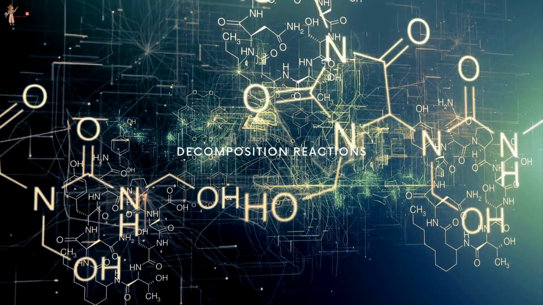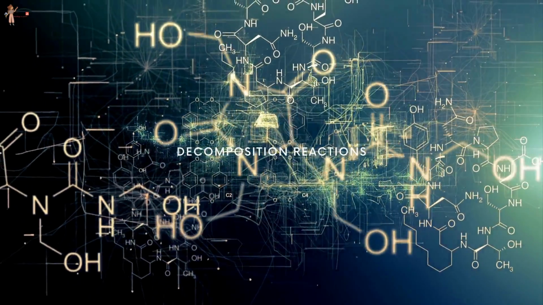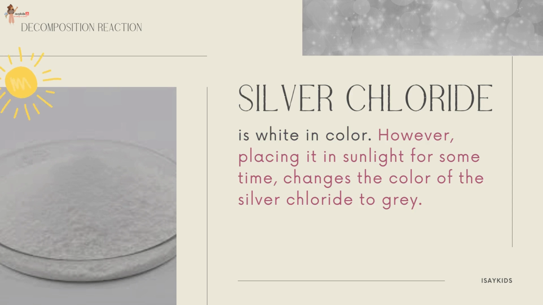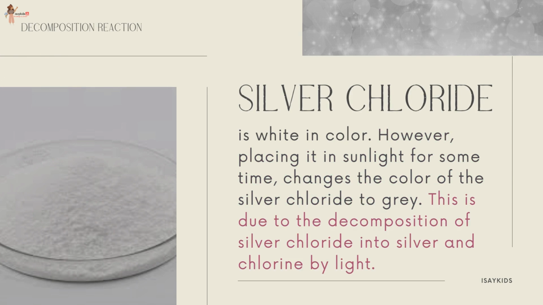Let's see some more decomposition reactions. If we take some silver chloride, we would notice that its color is white. Now, if we place it in sunlight for some time, the color of the silver chloride changes to grey. This is due to the decomposition of silver chloride into silver and chlorine by light.